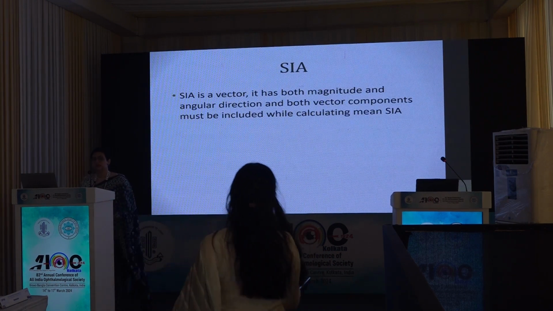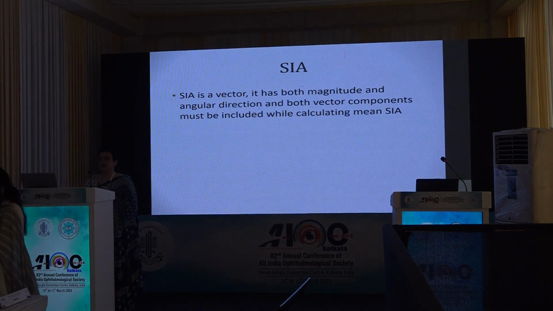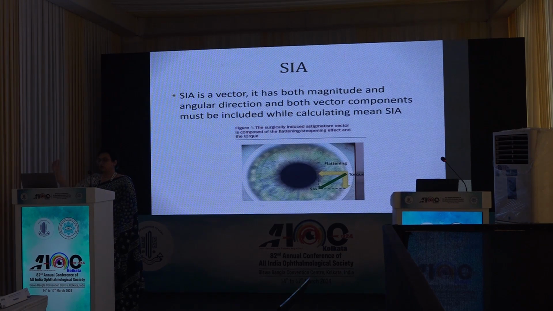So what is SIA? Surgically induced astigmatism is a vector. It has both magnitude and angular direction, and both should be kept in mind while calculating the mean SIA. So there is a torque, and flattening or steepening can occur perpendicularly.